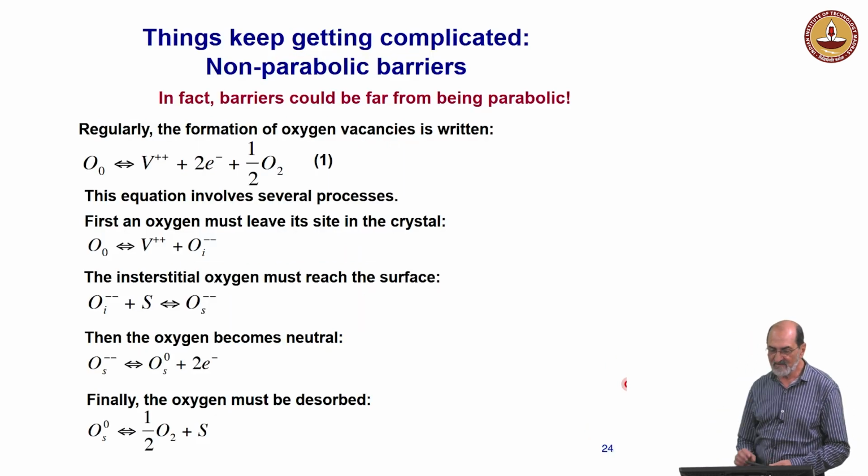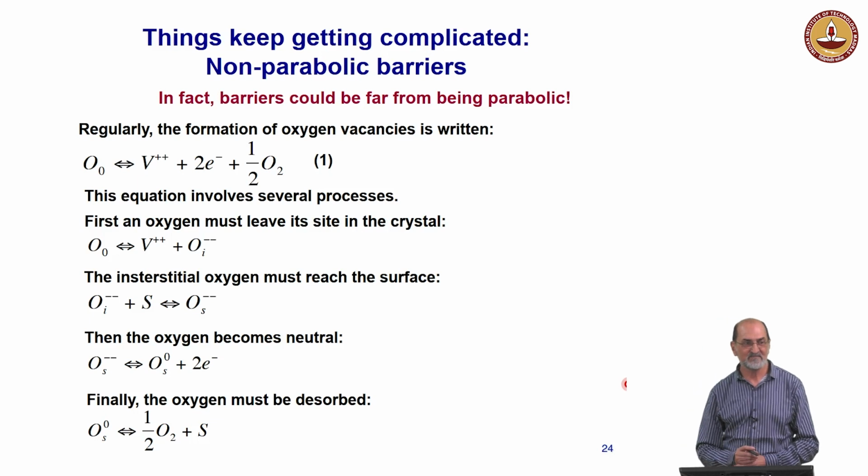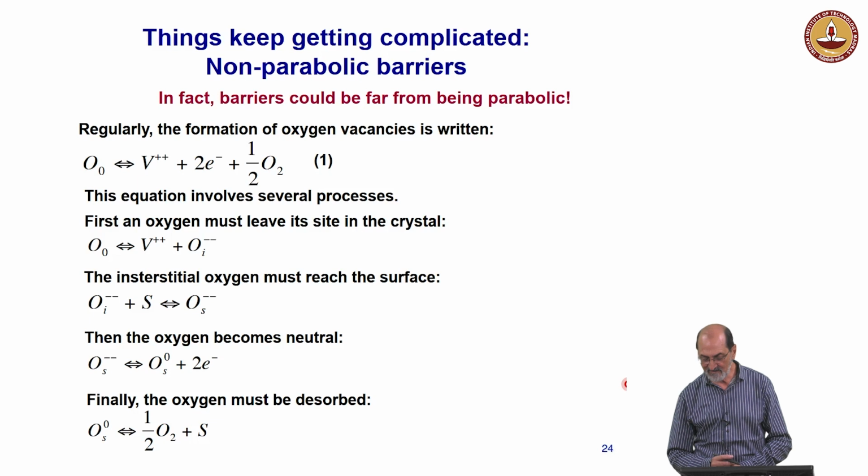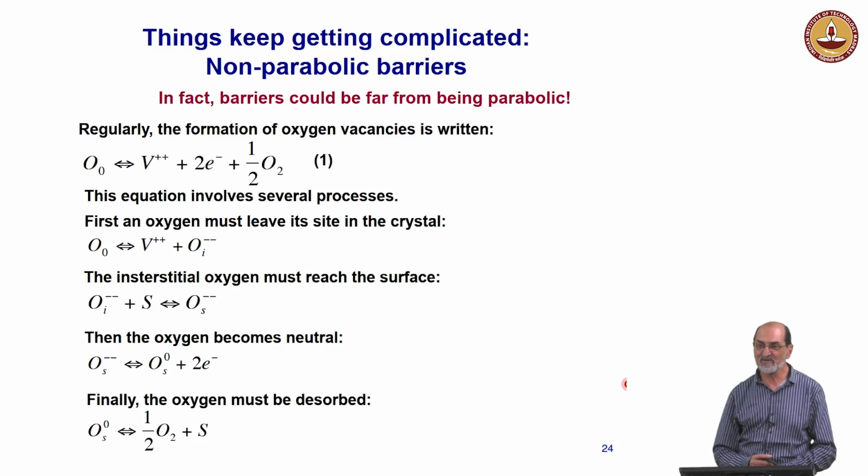Well, things are getting even more complicated. So far, we are dealing with parabolic barriers. That is what everybody says, except an old paper I found once, which was saying that maybe that was not correct after all. And in fact, I think he could be right.